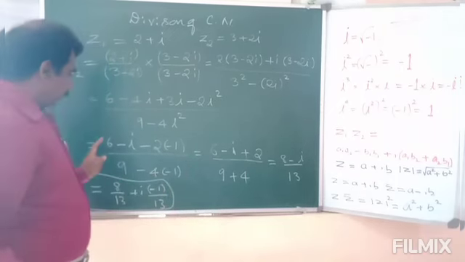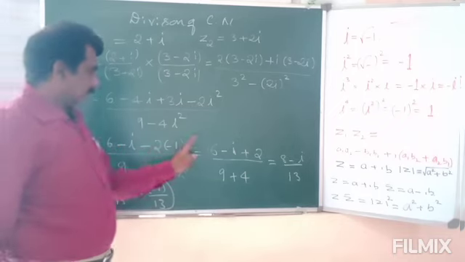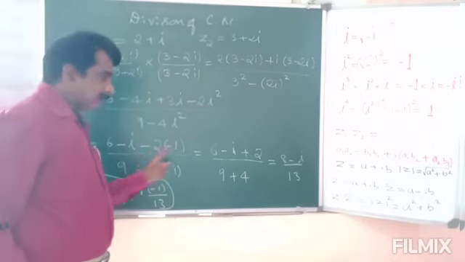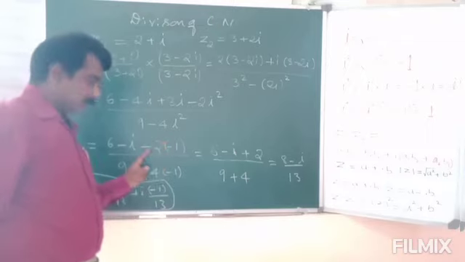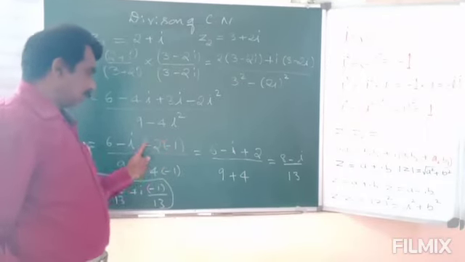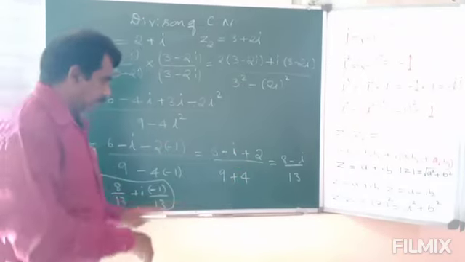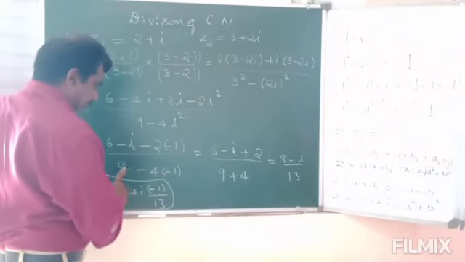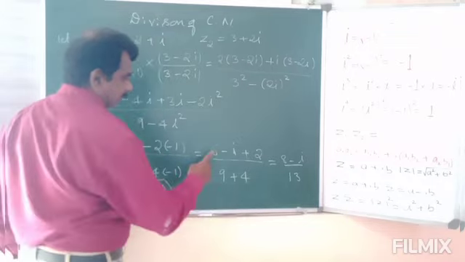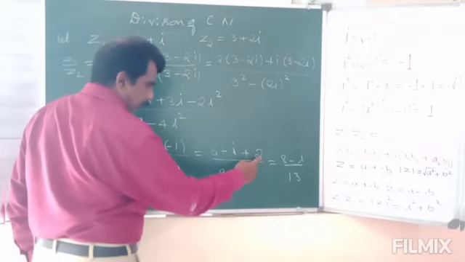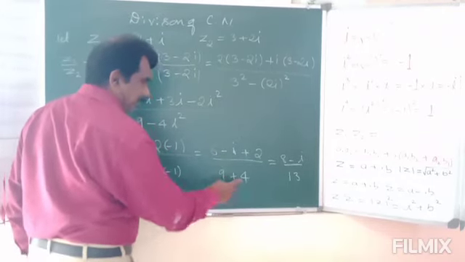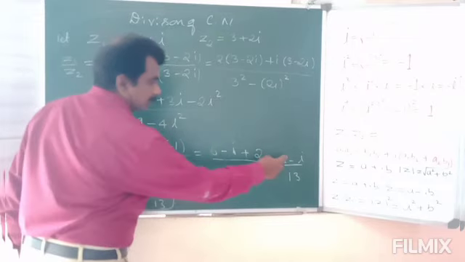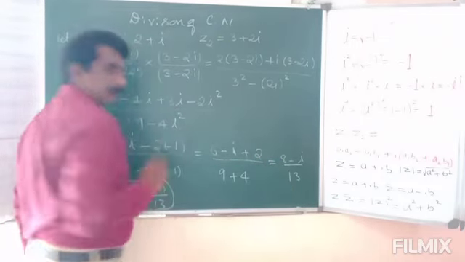That is equal to 6 minus i, minus into minus plus 2. Understand? In the denominator, minus into minus is plus, that is 9 plus 4. That is 6 plus 2 is 8 minus i by 13.